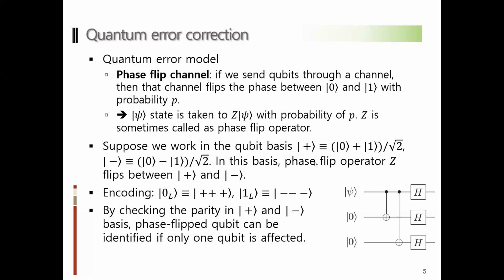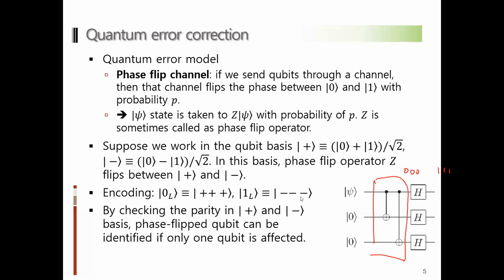To detect whether there is any such flip or not, first we will create the 000 state or the 111 state by going through this part. Then, by going through the additional Hadamard gate, the states will be changed into either plus plus plus or minus minus minus.